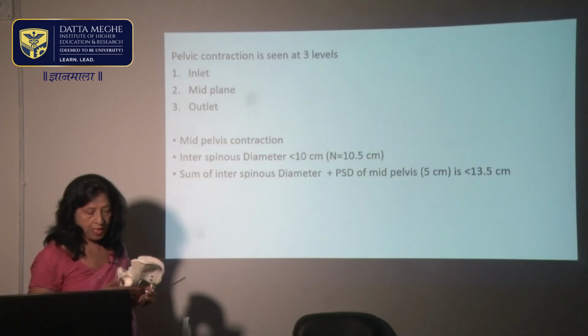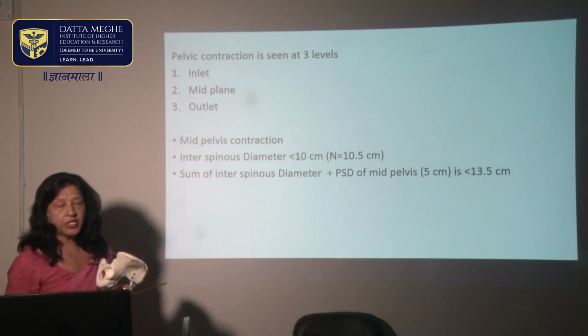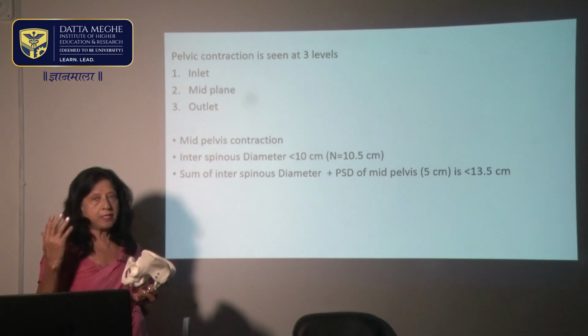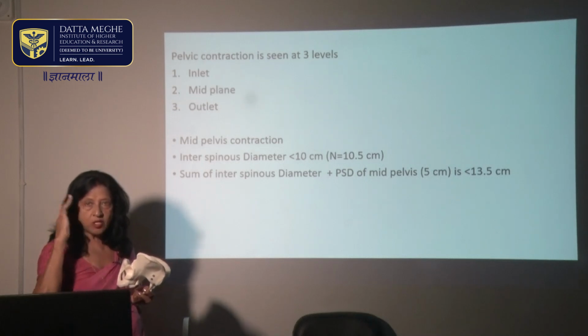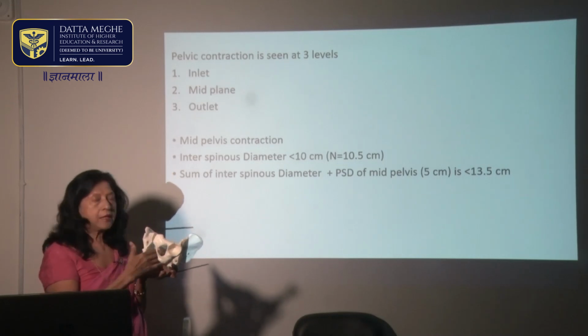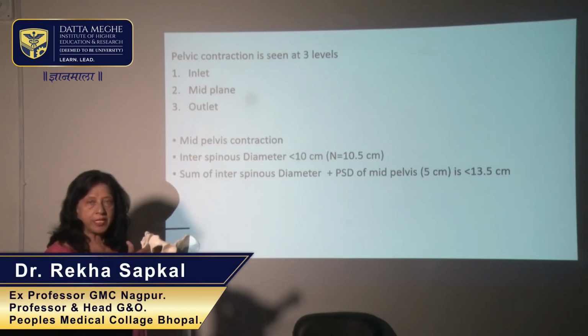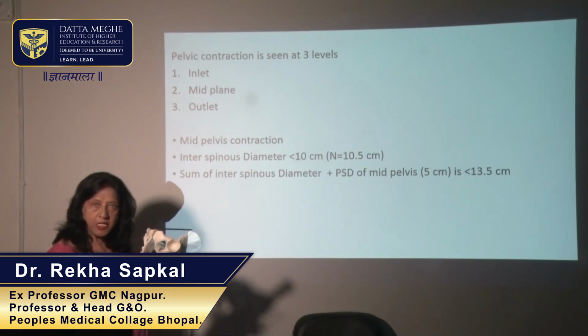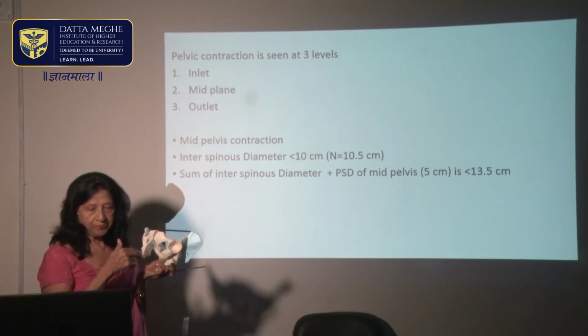Now, pelvic contraction is at 3 levels, and from that point of view, I will assess the pelvis. I must know in my mind whenever I am assessing the pelvis that there can be pelvic contraction at 3 levels. What are they? Inlet, midplane, meaning greatest and least pelvic dimension, and outlet.